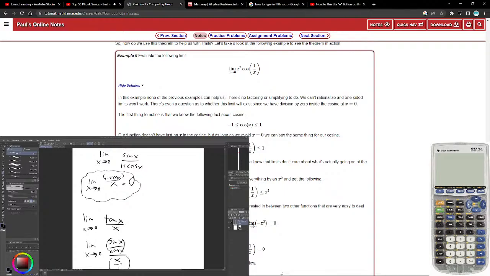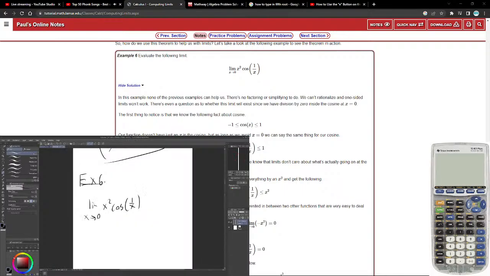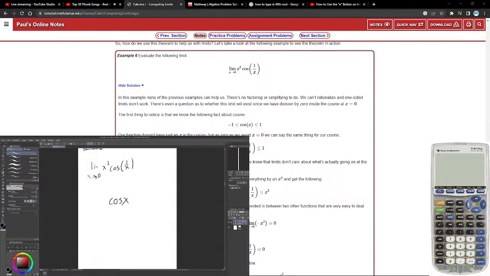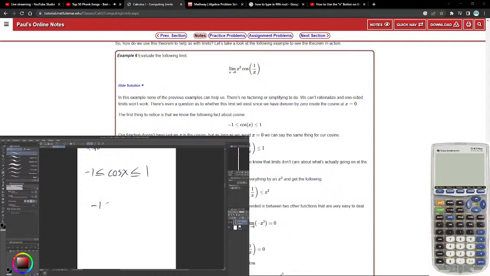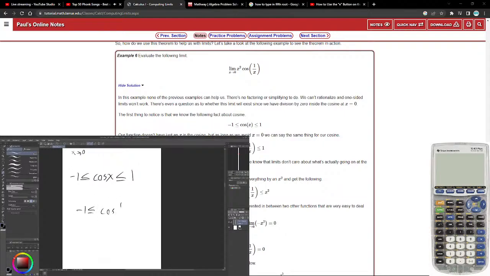The first thing to notice is the following fact about cosine: it is between -1 and 1. Our function doesn't just have an x in the cosine, but as long as we avoid x equals 0, we can say the same thing for our cosine. It's okay to ignore x equals 0 because we're taking a limit.